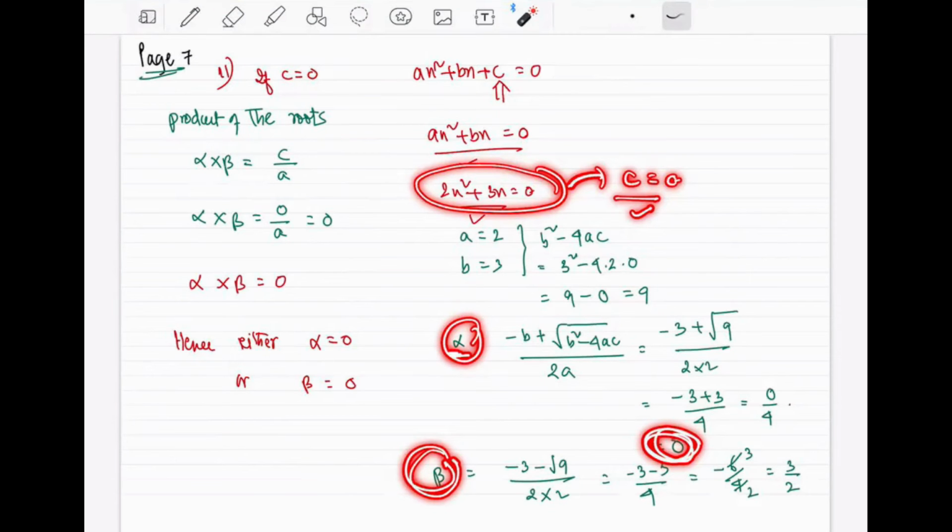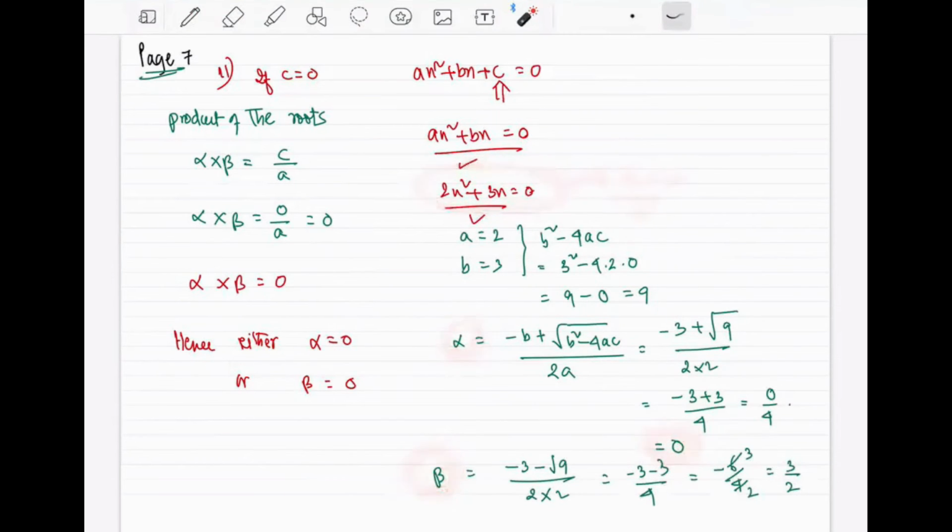So for this condition, if c is equal to 0, when you are given an equation ax squared plus bx plus c, if the constant term is missing, if it is 0, then one of the roots is 0.